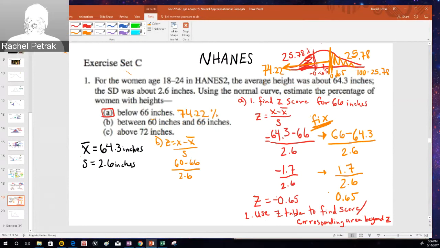Always remember to label the units on your calculation. The units here being percentages. Whew, so we did all that, and it was useful because now we know the correct z-score for 66 inches. The z-score of 66 is equal to 0.65.